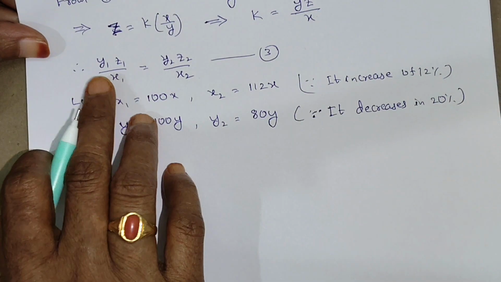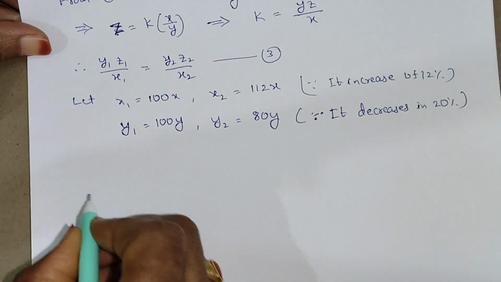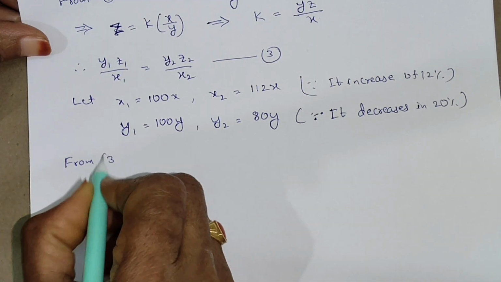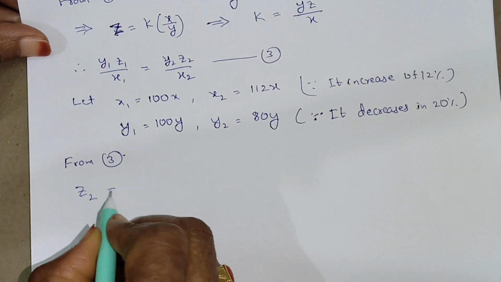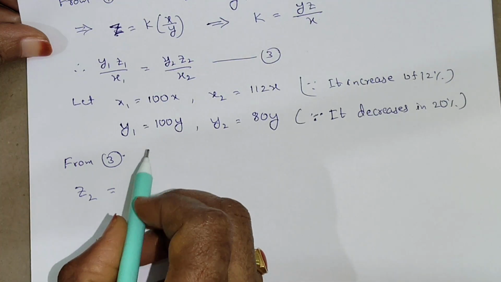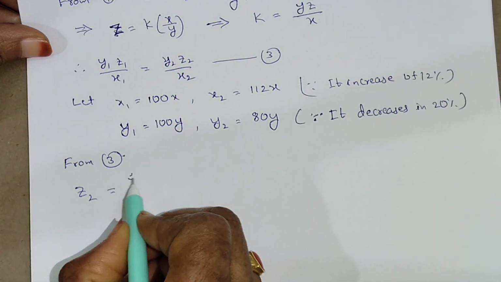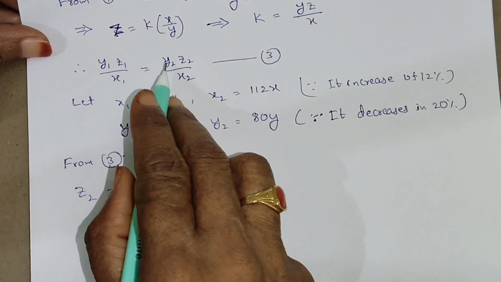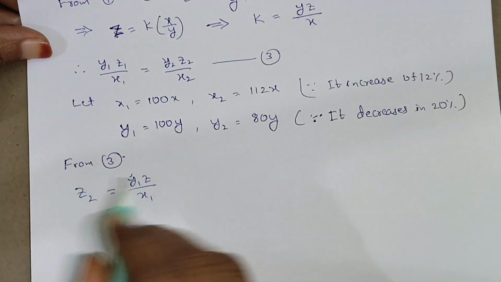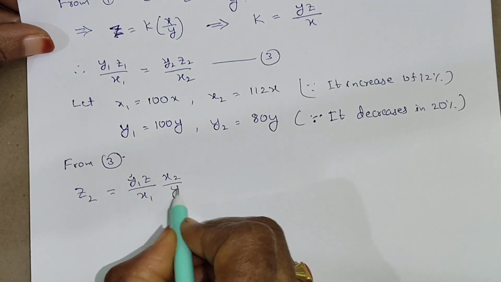Now from equation 3, Z2 equals Y1 Z1 by X1, with Y2 by X2 carried to this side, so X2 by Y2.